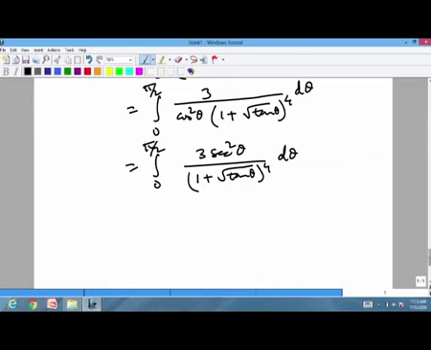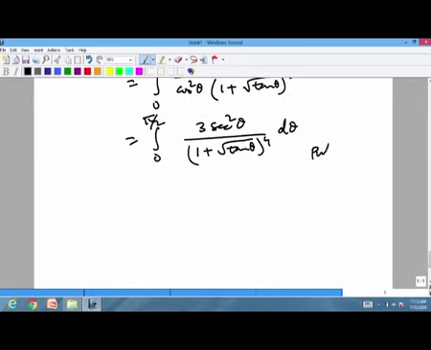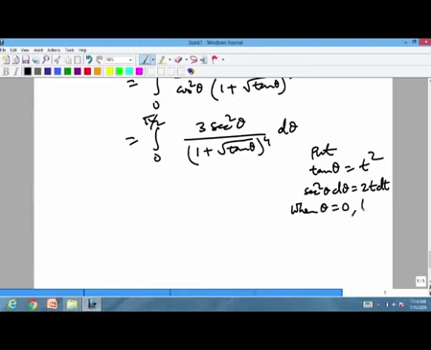So, now we can put tan theta equal to t square, then secant square theta d theta will be equal to 2 t dt, and the limits: when theta is equal to 0, t will be 0, and when theta is pi by 2, tan pi by 2 will be infinity.